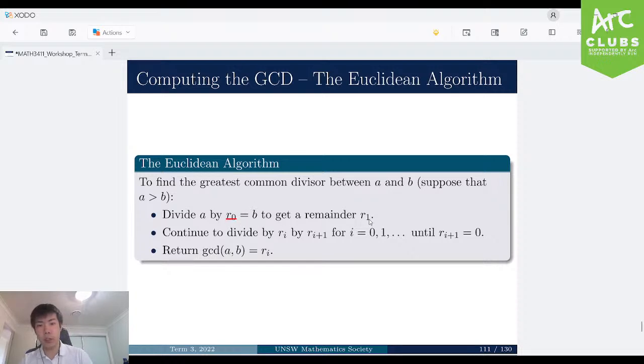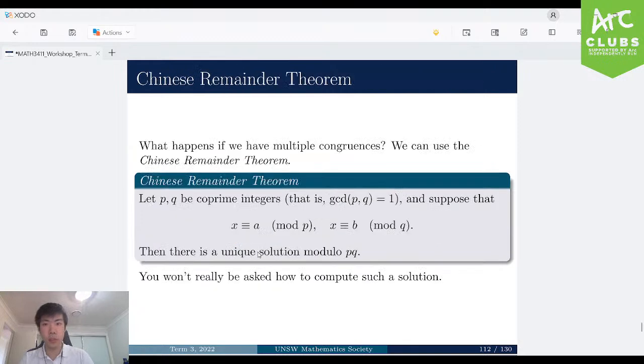Then between r0 and r1 we repeat the same process to get r2, then between r1 and r2, then r2 and r3, then r3 and r4, and so on, until we finally get a remainder that is 0. Then the greatest common divisor will be the remainder just before that.